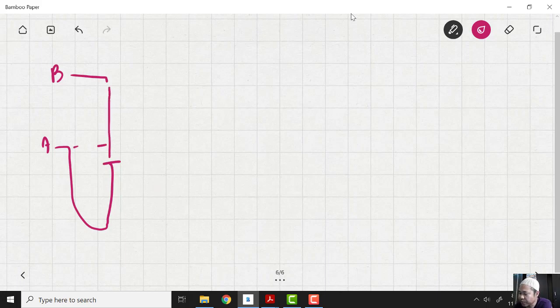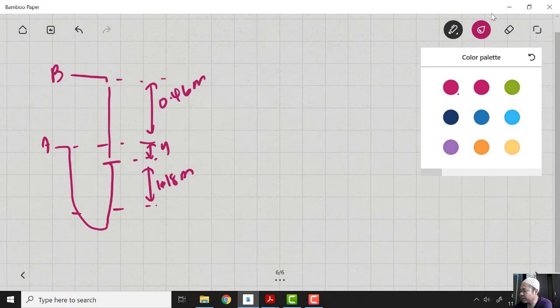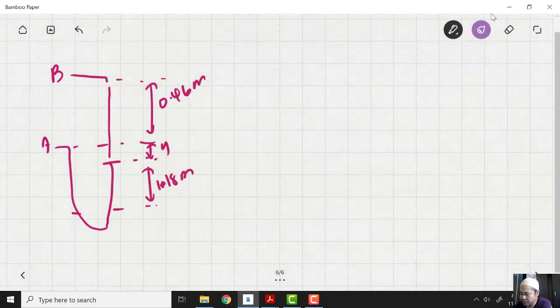Elevation from point A to point B is 0.46 meter. If you don't understand this figure, please refer to the figure in your notes. You see Y here, and then we have here 1.18 meter.